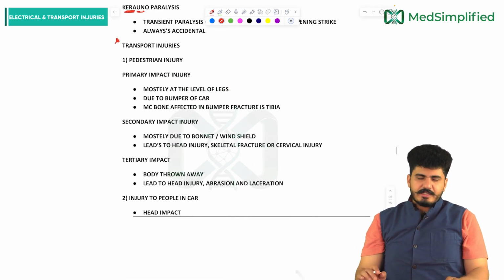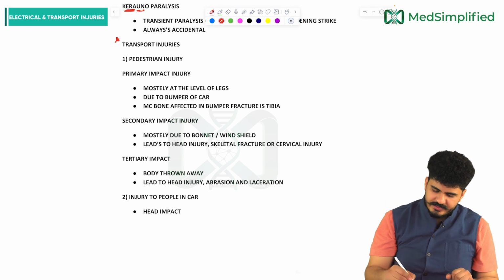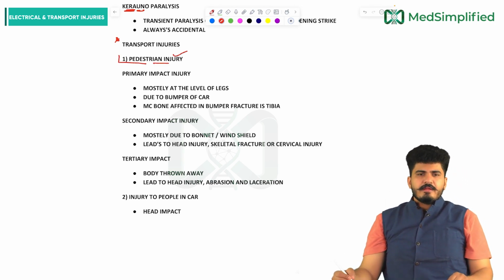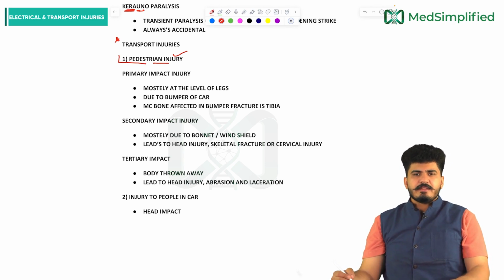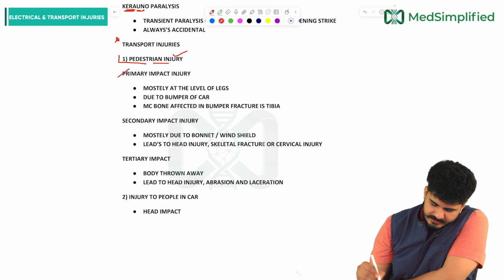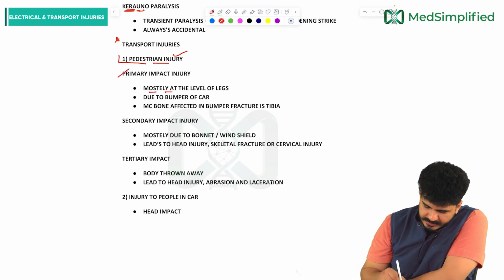Now we are moving on to the next topic, transport injuries, my dear friends. Number one is pedestrian injury. The car is hitting the person, the pedestrian. You will see primary impact injury, mostly at the level of legs.